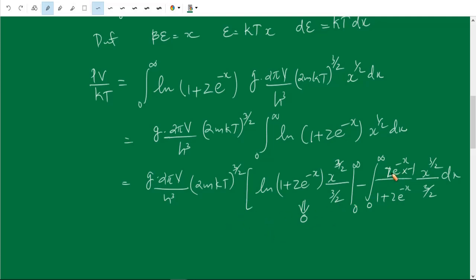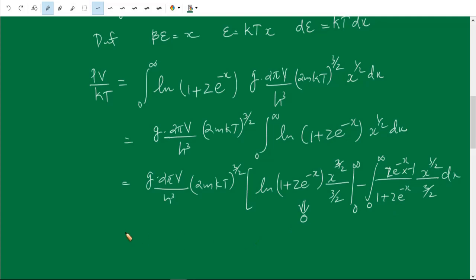Okay, then the remaining thing will be minus the integral of z e raised to minus x divided by 1 plus z e raised to minus x, times x raised to 3 by 2 divided by 3 by 2, dx. Before that, we can divide by z e raised to minus x in both the numerator and denominator.